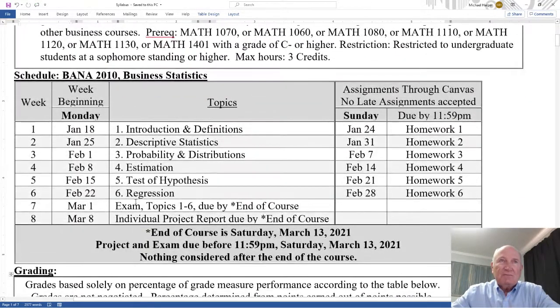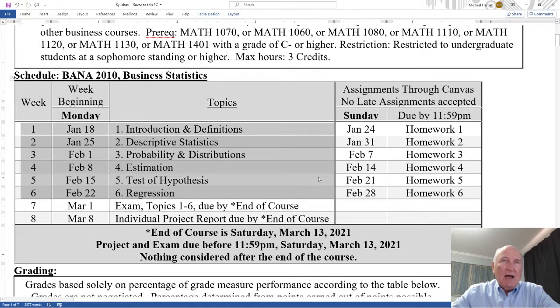Now on this very first page, I have the schedule. Notice we have 6 topics and 6 homework assignments. So what I will be doing this week, and every week actually for the first 6 weeks, is I will have a lecture video introducing the material, describing it, the definitions, how it's applied, and talking about these 6 topics in statistics.